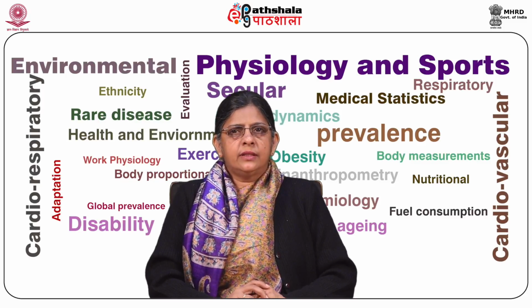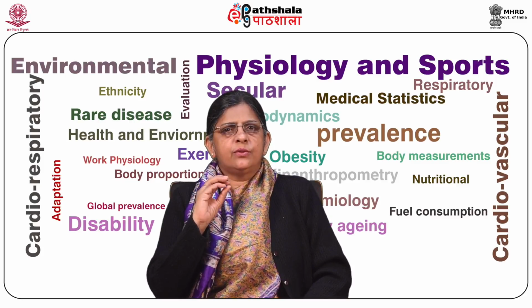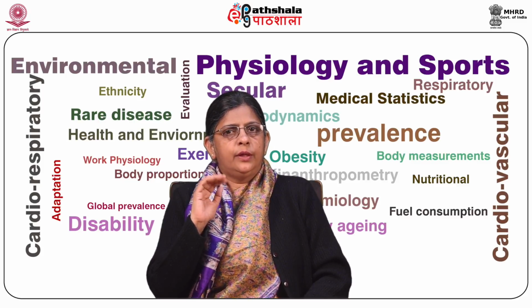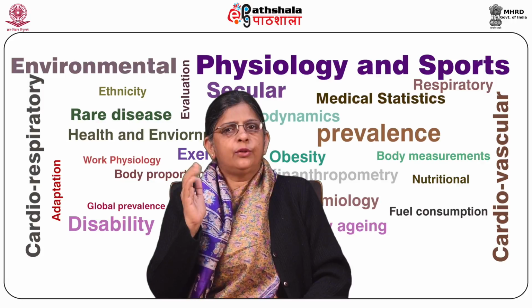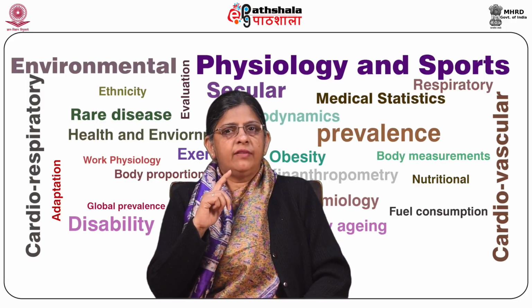Different organizations and countries have defined rare diseases using different cutoff numbers. European Union and European Medicines Agency define rare disease as those diseases occurring in a frequency of less than 5 in a population of 10,000.